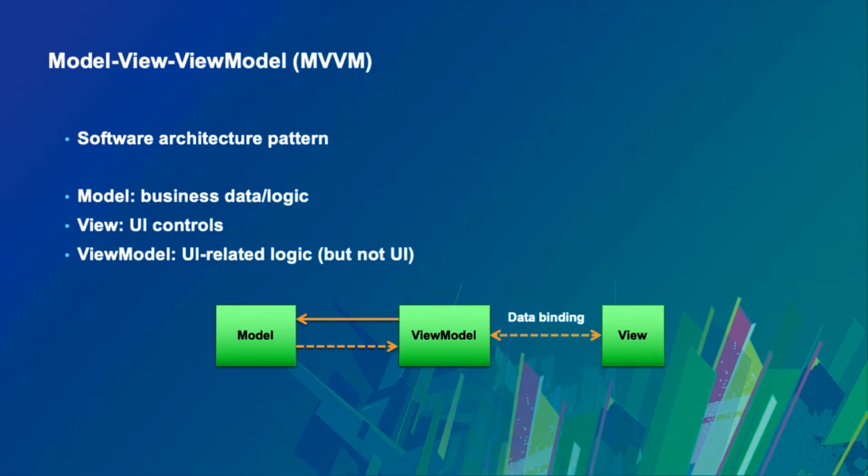The view models know about the models; they're usually composed of or have references to your other model objects. They don't know about views, and the views don't know about the view models, which is why I have a little dashed line here. But they are connected through data binding, so that when things happen in the view model, things get propagated to the view and vice versa. But there are no direct references between the two.